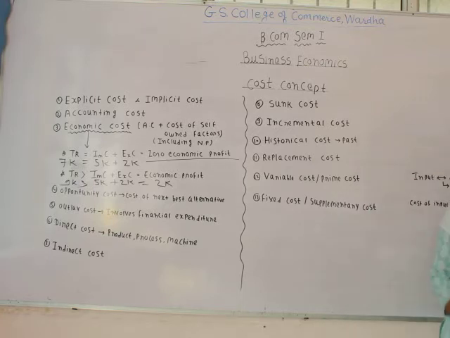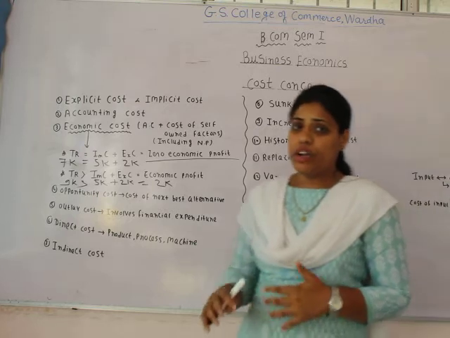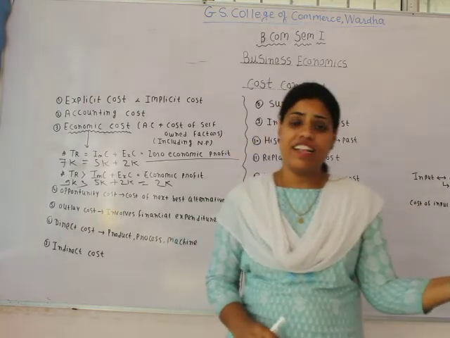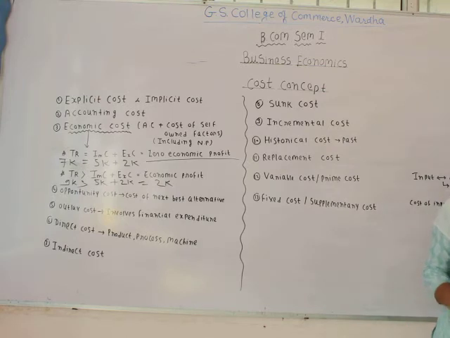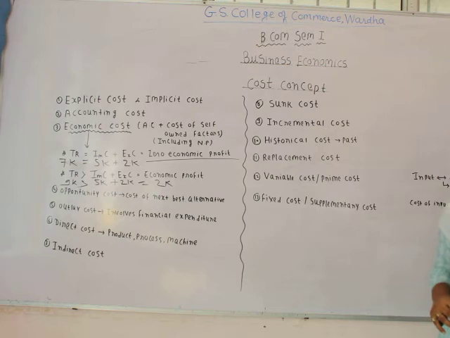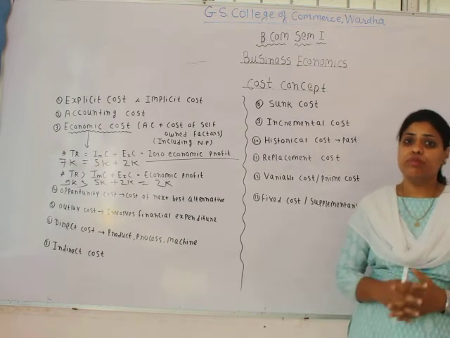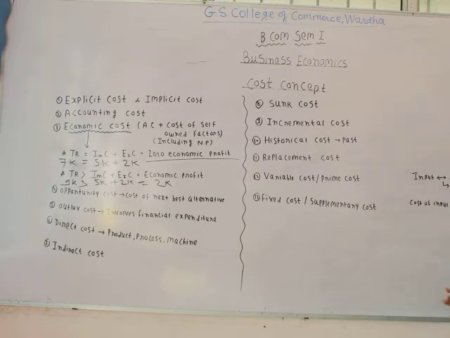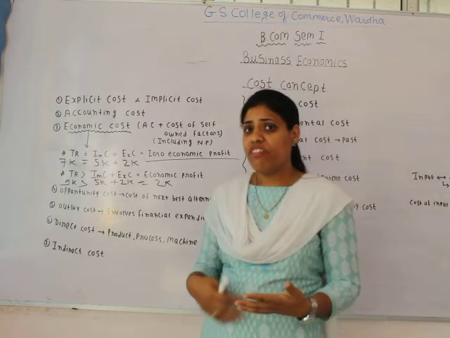But as I'm using the capital in my own business, I cannot invest it somewhere else, and the profit or returns that I would have got by investing that capital are being foregone. So the cost of sacrificing that profit is known as opportunity cost. And of course, this opportunity cost is not recorded in the books of account.